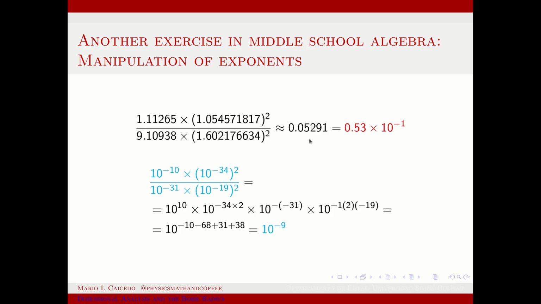The pure numbers without the powers of 10, they go to 0.53 × 10 to the -1. The powers of 10, we put them together and we get 10 to the -9. So when we multiply this by this, we have 0.53 × 10 to the -10, which is the number we had at the beginning.